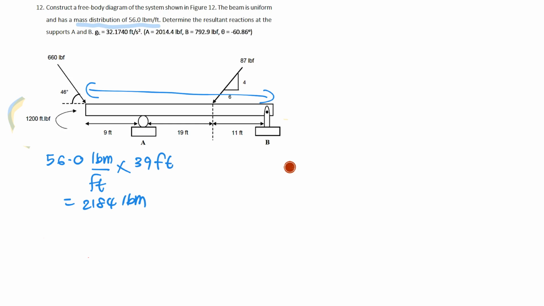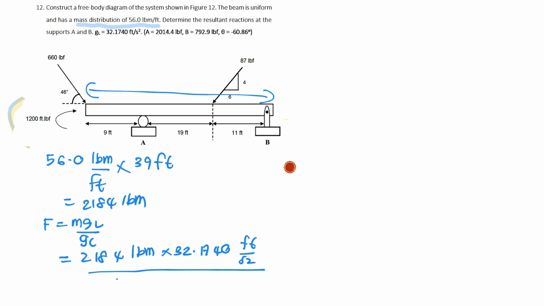You need to find the gravitational force or weight. So F equals m g over gc. 2184 lbm multiplied by 32.1740 feet per second square, divided by 32.1740. Why do I use 32.1740?